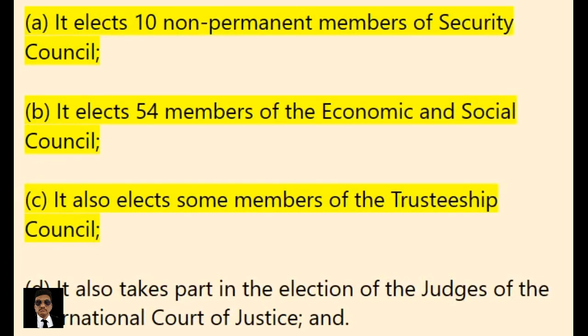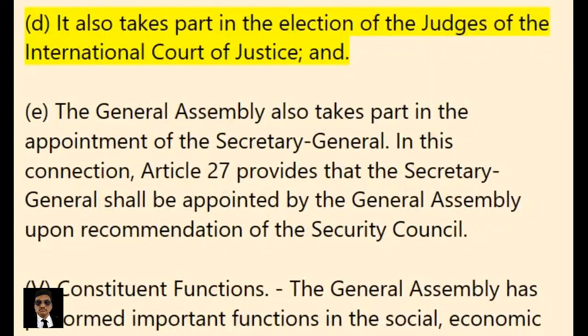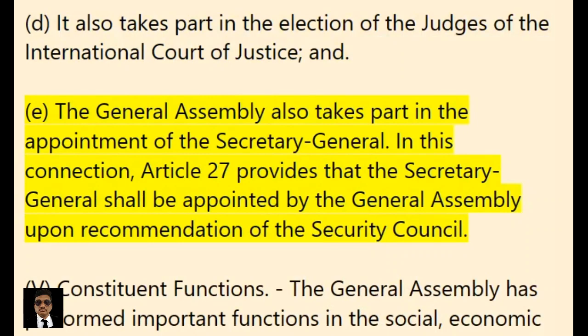D. It also takes part in the election of the judges of the International Court of Justice, and E. The General Assembly also takes part in the appointment of the Secretary General. In this connection, Article 27 provides that the Secretary General shall be appointed by the General Assembly upon recommendation of the Security Council.